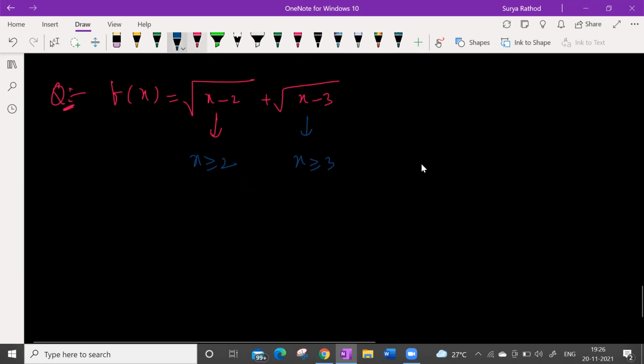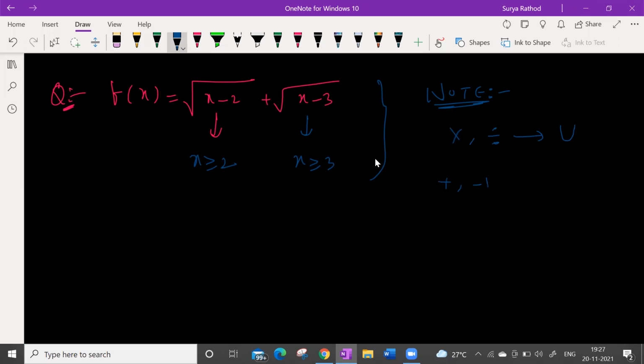See, guys, try to understand here clearly. Whenever you get a product or a division of two expressions, let me write it like this: for product and division, you will get union.